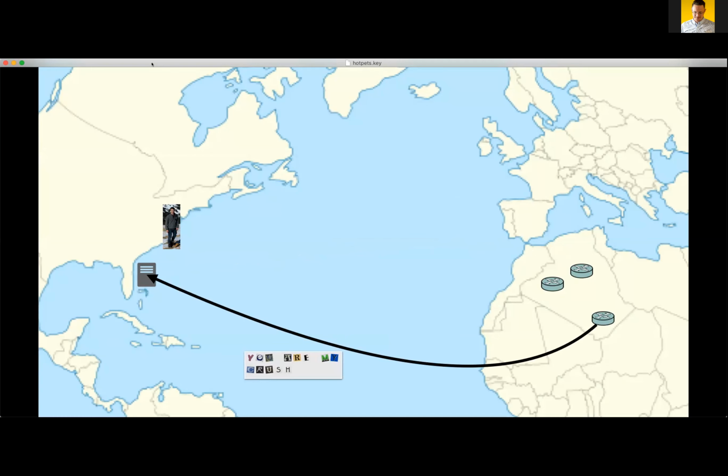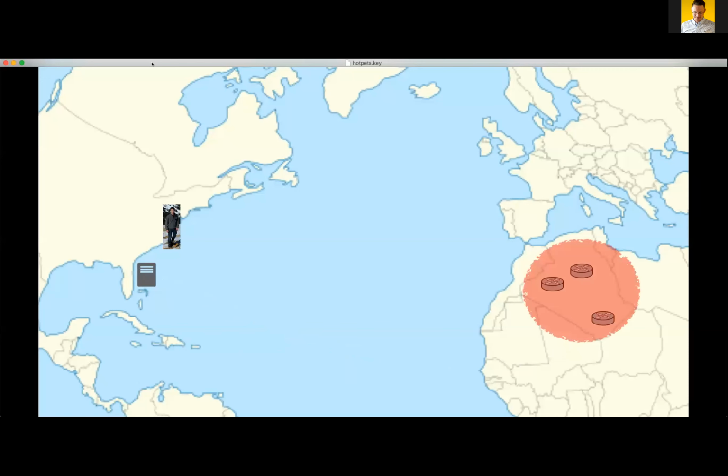And what that means is, because LastTor prefers relays that are close to the client, I now have an area of suspicion. I have a strong candidacy for where that client is coming from.